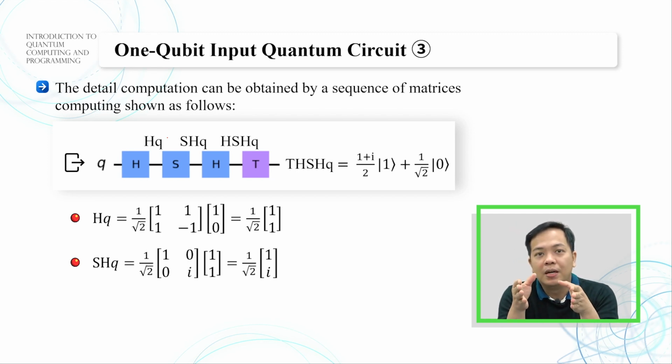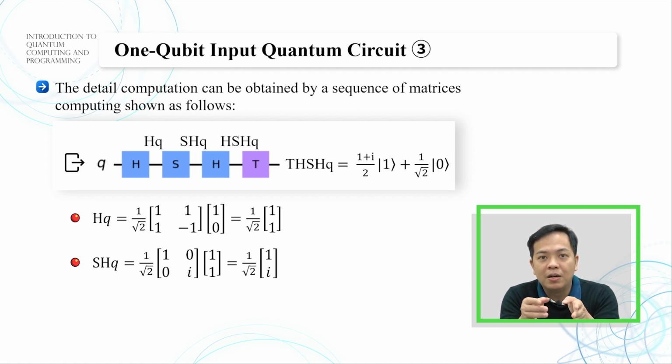You can insert the value for the H on Q, calculate it first, and after H on Q, we apply S, and try to go in reverse, okay, because this order is very important. So the order is very important.